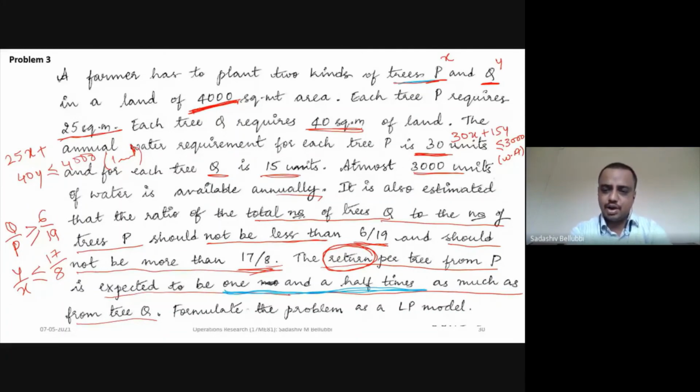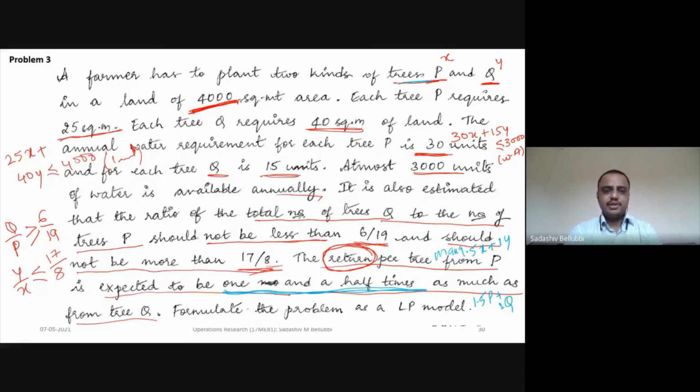So our objective function will be 1.5 P plus 1 Q. We have taken the decision variable for P as x and for Q as y. So the objective function will be 1.5x plus 1y. This is our maximization objective function.